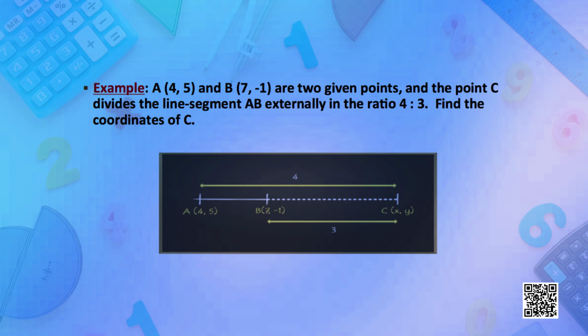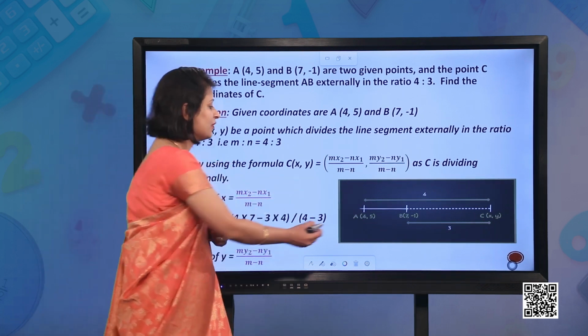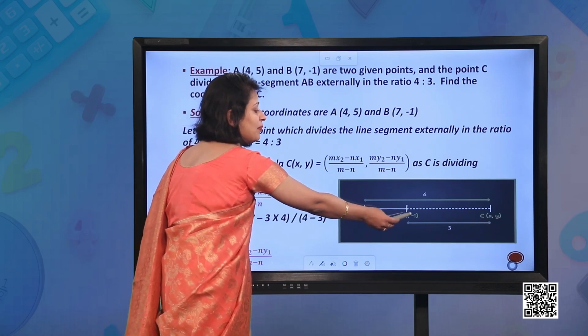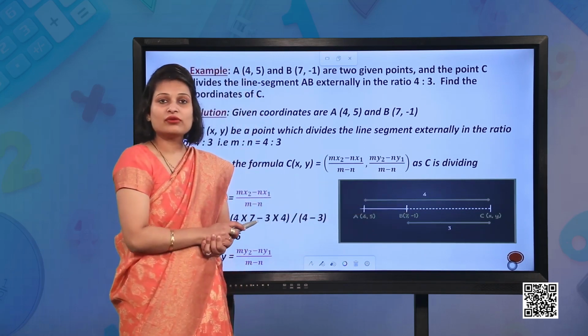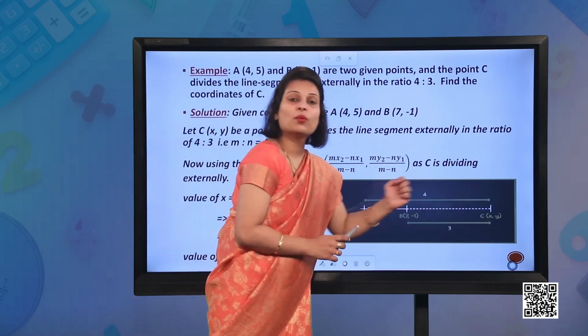A (4, 5) and B (7, -1) are two given points and the point C divides the line segment AB externally in the ratio 4 is to 3. We need to find out the coordinates of C. So, we have considered a line segment AB whose points are (4, 5) and (7, -1). We need to find the coordinates of point C, which I have taken as x, y.